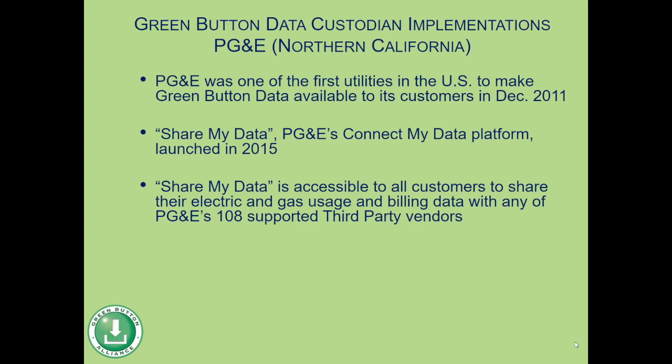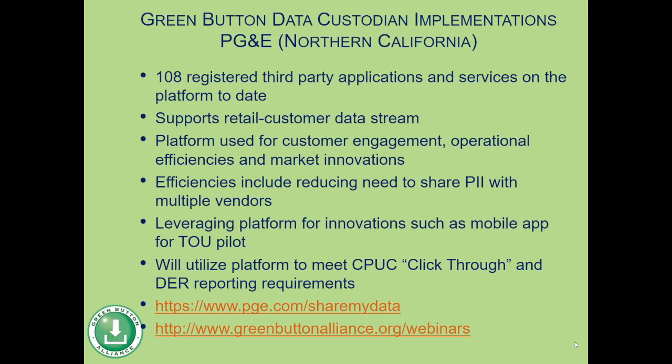The second update was they added cost to the interval data. The third update was they've added retail customer to that data. The pending update will add the California click-through and Rule 24 DER requirements. Currently, they have 108 reported third-party applications interfacing to Share My Data.